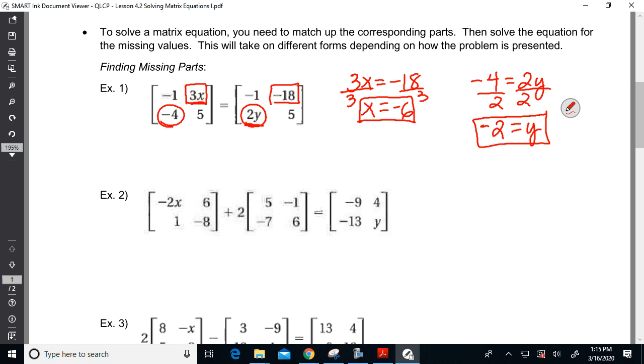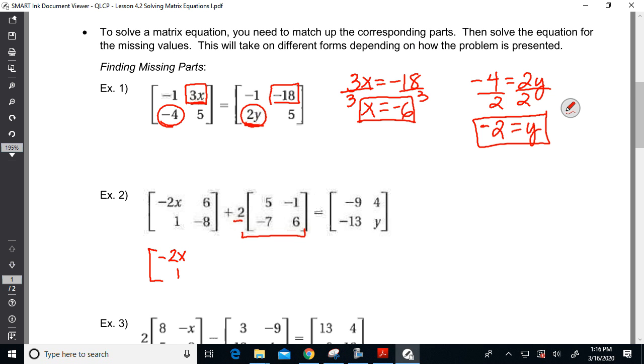Now, example 2 is a little bit different because now you have, well, 1, it's a longer problem, and 2, you have a scalar being multiplied by another matrix. So what you want to do first is take that 2 and multiply it into the matrix to make it a little bit simpler for yourself.